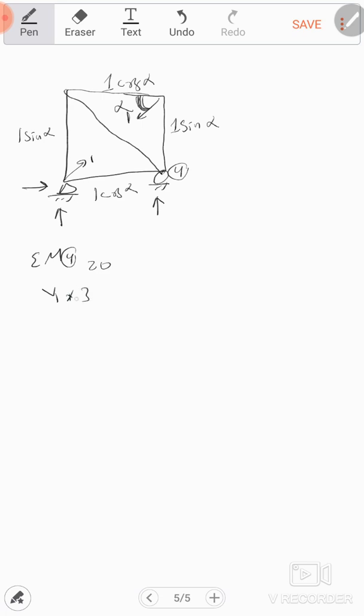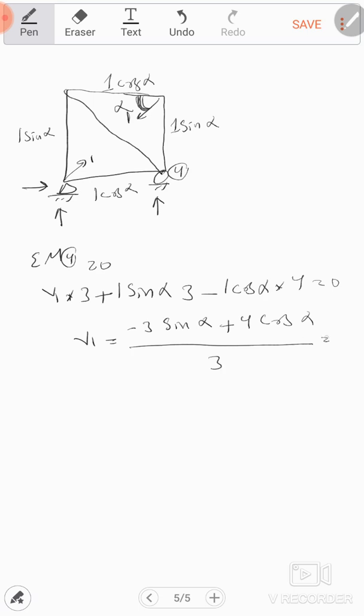V1 times 3 plus 1 sine theta times 3 minus 1 cosine theta times 4 equal 0. V1 equal minus 3 sine theta plus 4 cosine theta over 3 equal 0. Then tan theta equal 4 over 3.